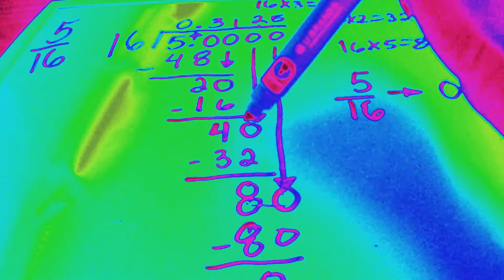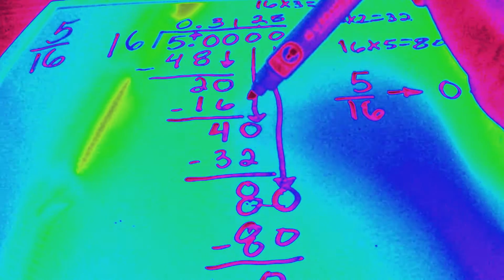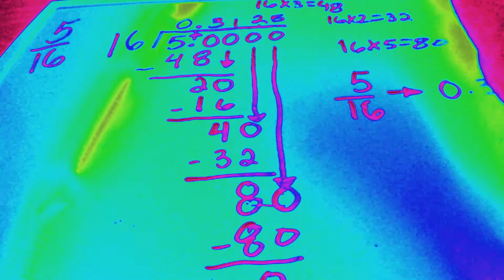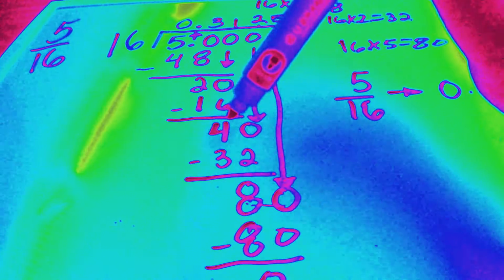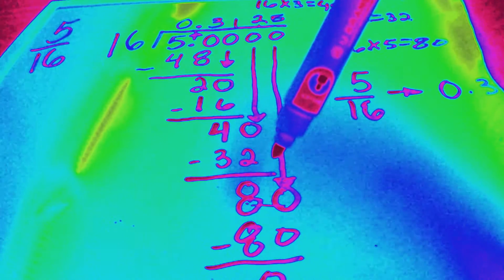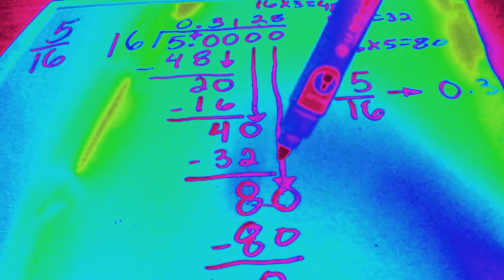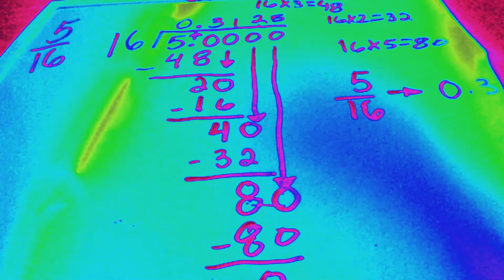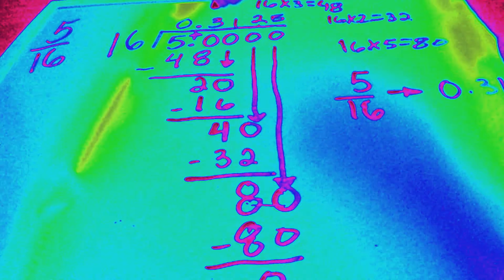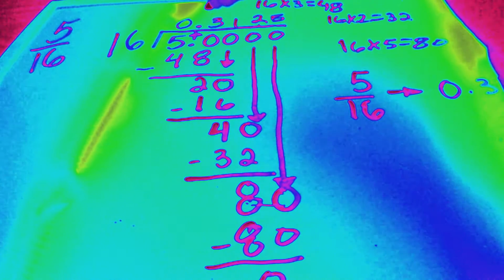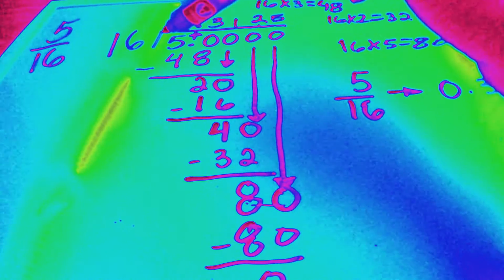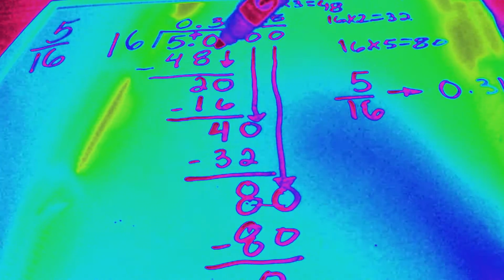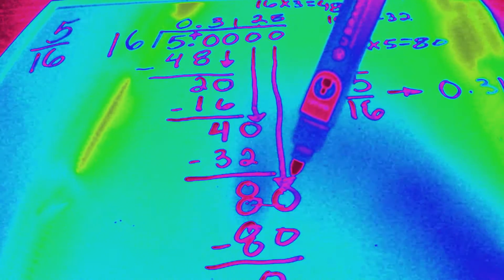Bring down our 0. We have 40. 16 goes into 40 2 times. 16 times 2 will get you 32. 40 minus 32 is 8. All right, we're still not done. So we need to bring down another 0. We have 16 going into 80 now. 16 times 5 will get you 80.